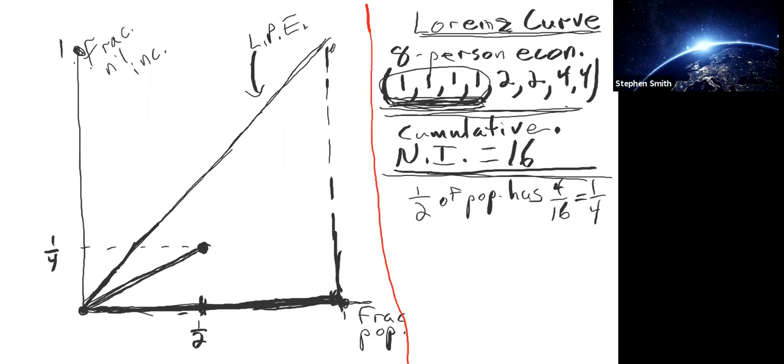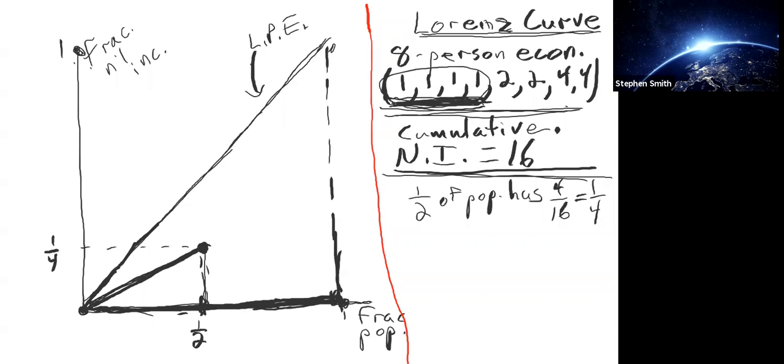The reason why it's a straight line segment is because everybody in this bottom half has the same income as everyone else in the bottom half. All the information is here. We just have kind of quickly used the information we have right in front of us.